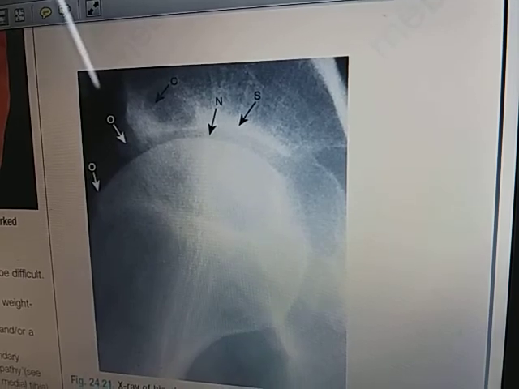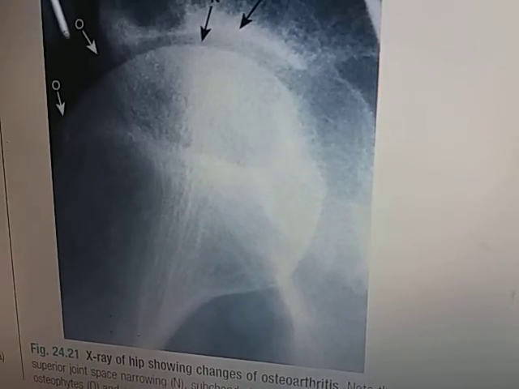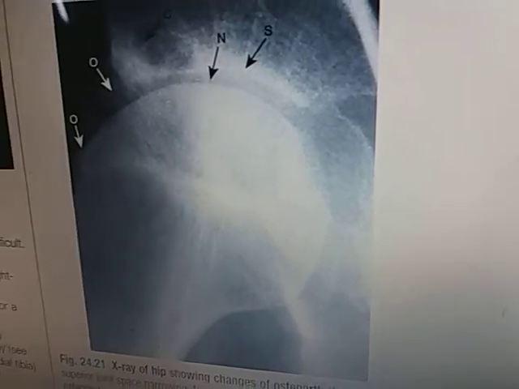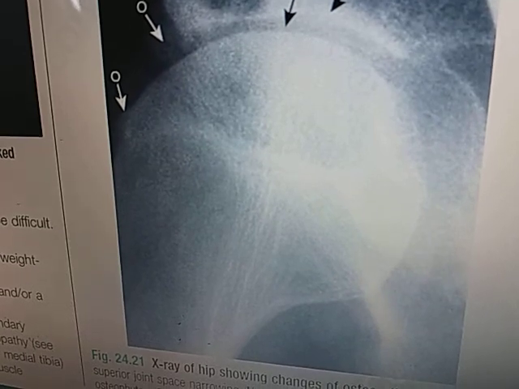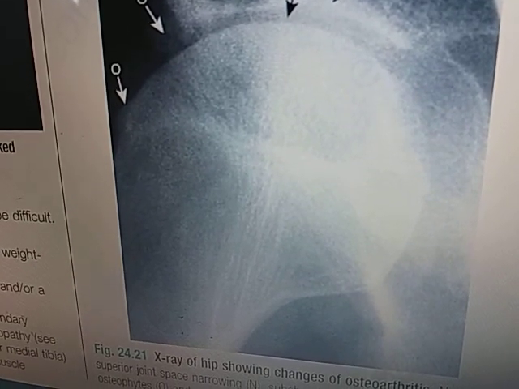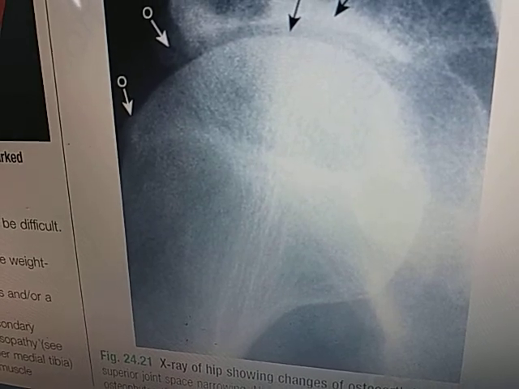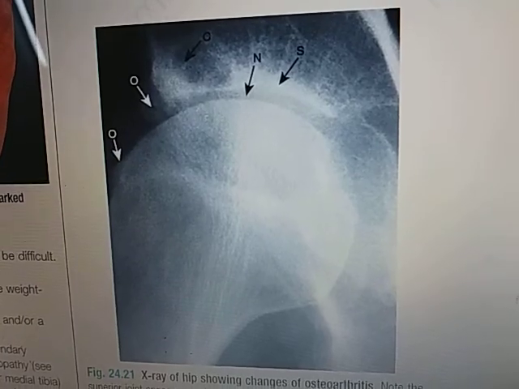And there might be a Baker's cyst swelling in the popliteal fossa. It is called a popliteal cyst, Baker or popliteal cyst.